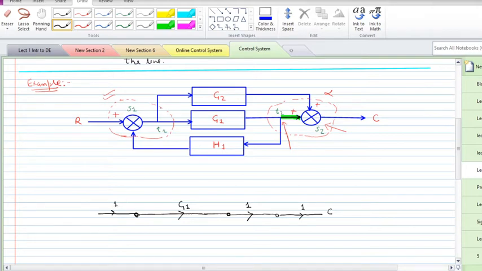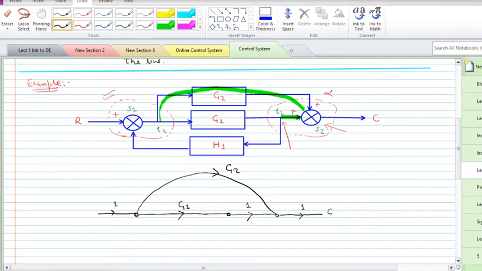Now for this forward path G2, you have to draw a line starting from the S1 T1 node, that is from this point, and end it at this node with the same direction, G2.